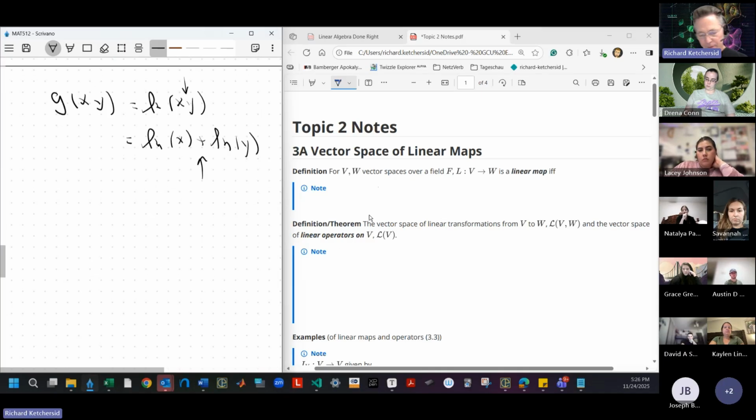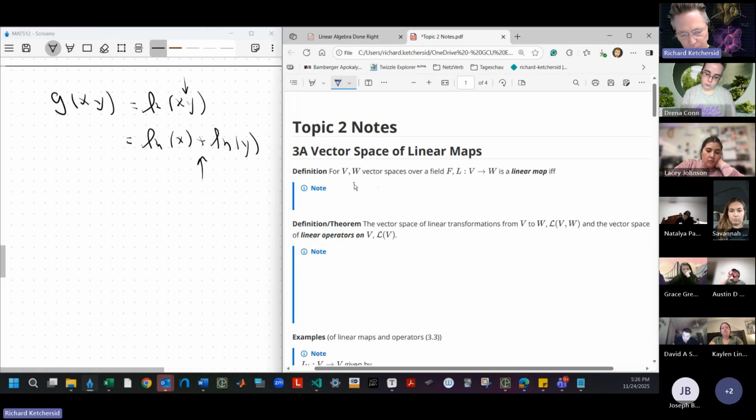Okay, so going back to this little set of notes, what you want to say about a linear map is that linear maps preserve the operations. They preserve addition, they preserve scalar multiplication. That's what you want to say.